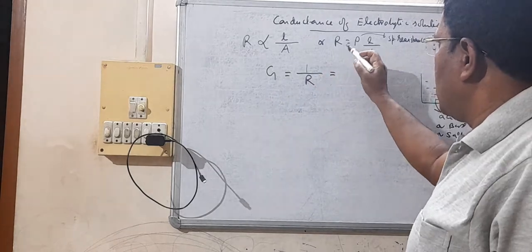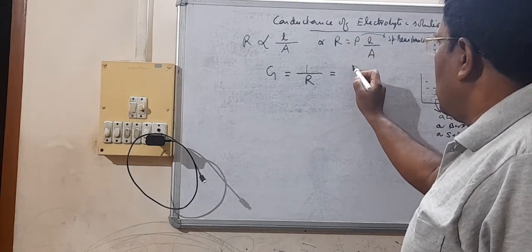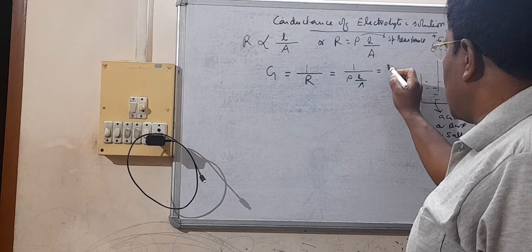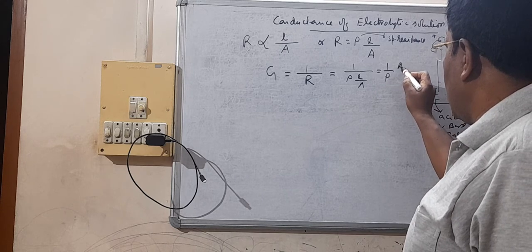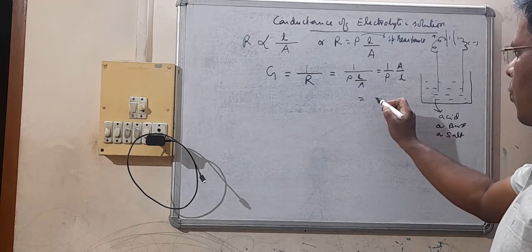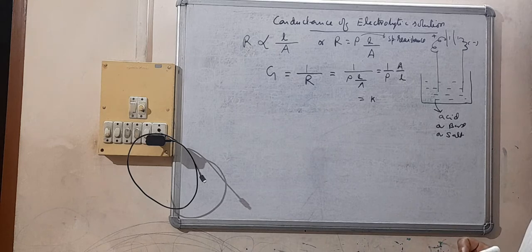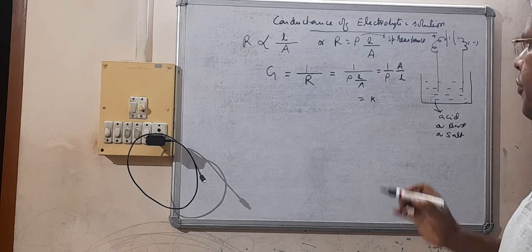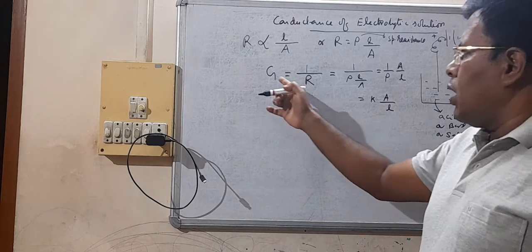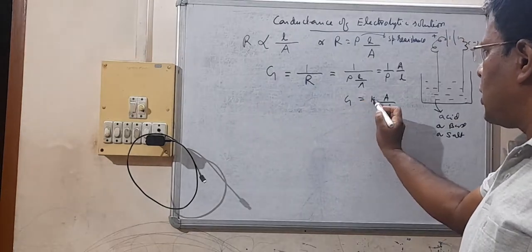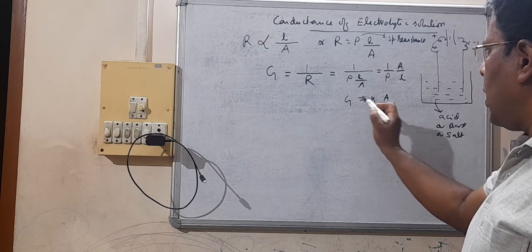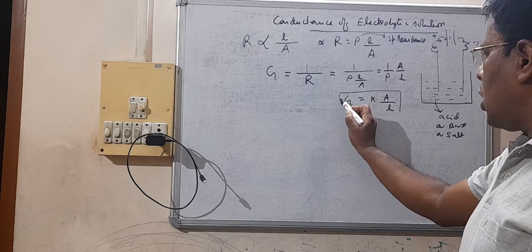So we can write from here 1 by rho L by A, and then it becomes 1 by rho A by L. And 1 by rho is called kappa, Greek alphabet kappa. So it is kappa A by L. So we are getting conductance. Conductance is equal to conductivity into A by L. So this relation we need to remember.